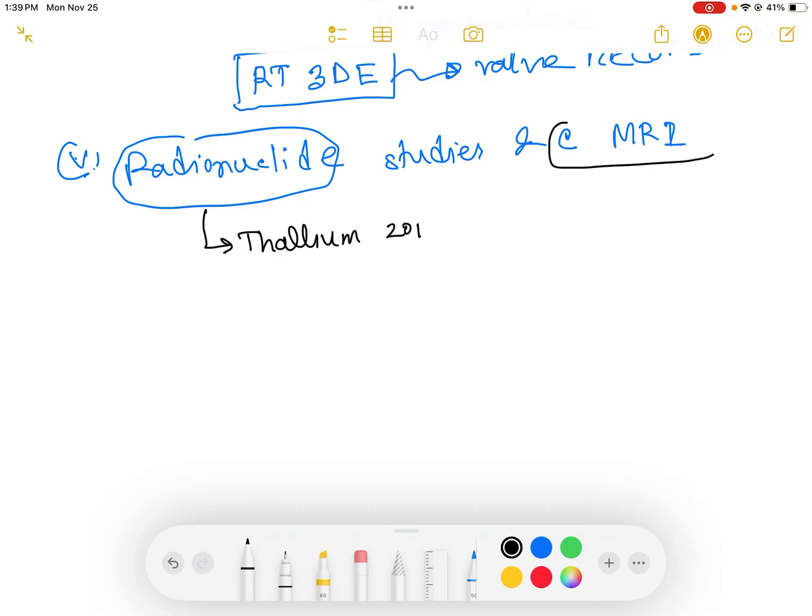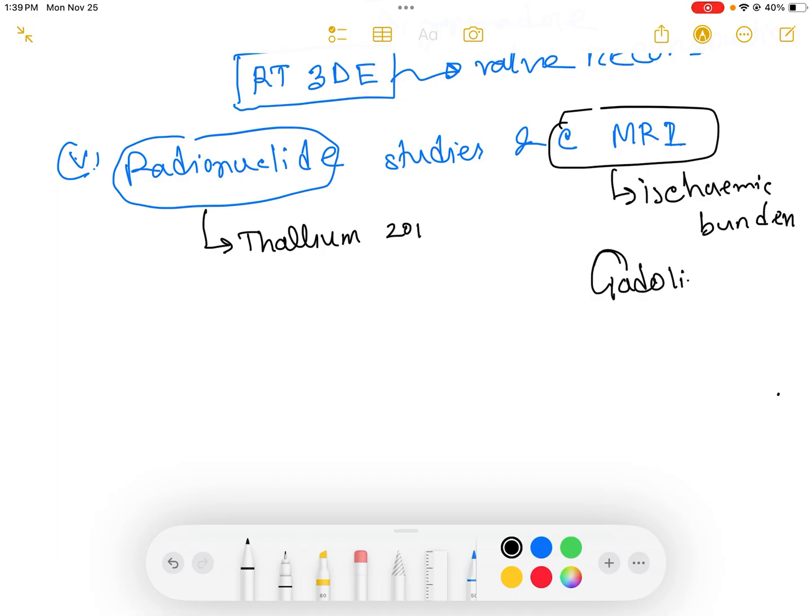Cardiac magnetic resonance imaging can be performed to evaluate the ischemic burden of the coronary disease using pharmacological agents to stress the heart, and to provide details of tissue viability when using gadolinium as a contrast agent.